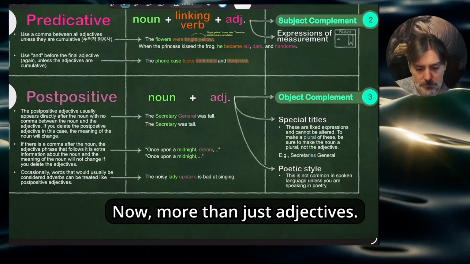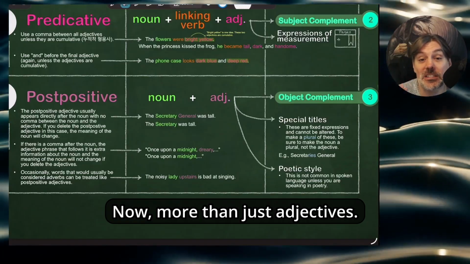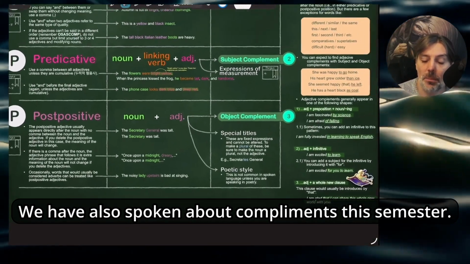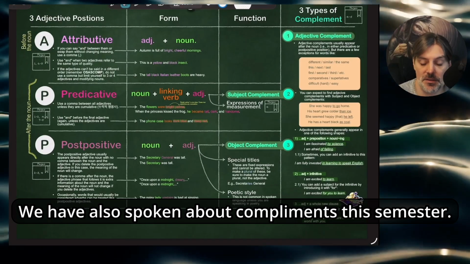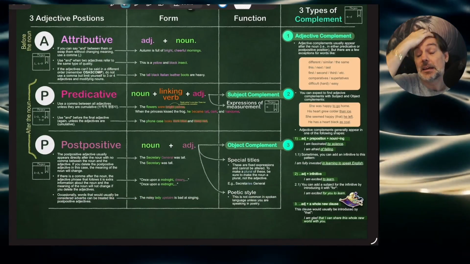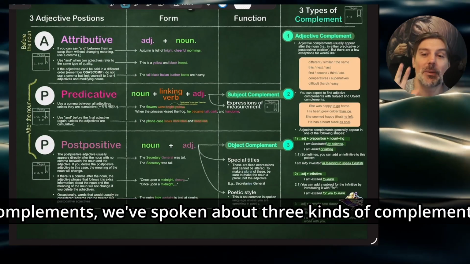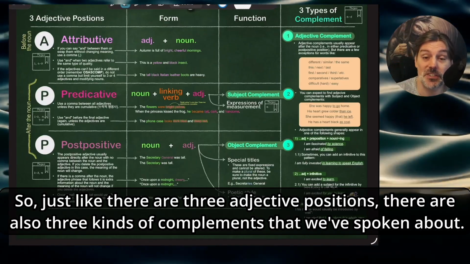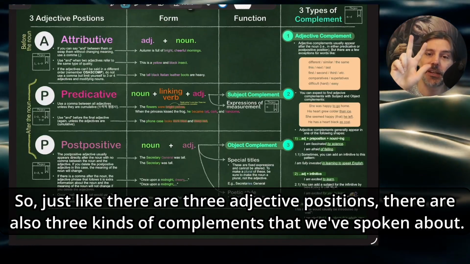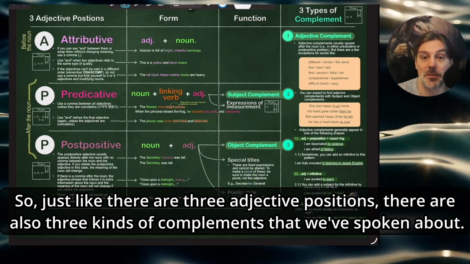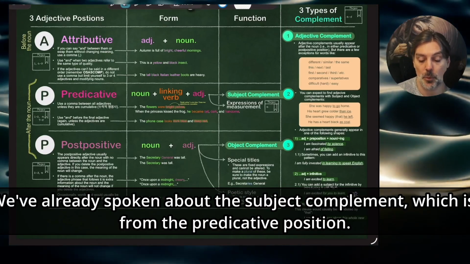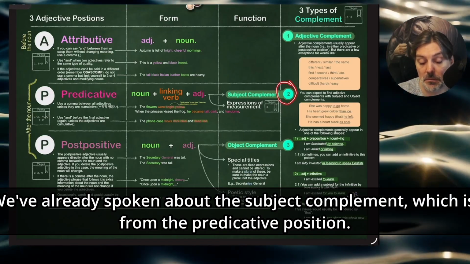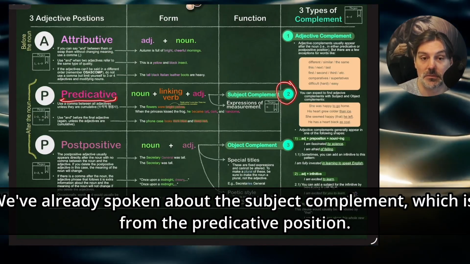Now, more than just adjectives, we have also spoken about complements this semester. We've spoken about 3 kinds of complements. Just like there are 3 adjective positions, there are also 3 kinds of complements. We've already spoken about the subject complement, which is from the predicative position.